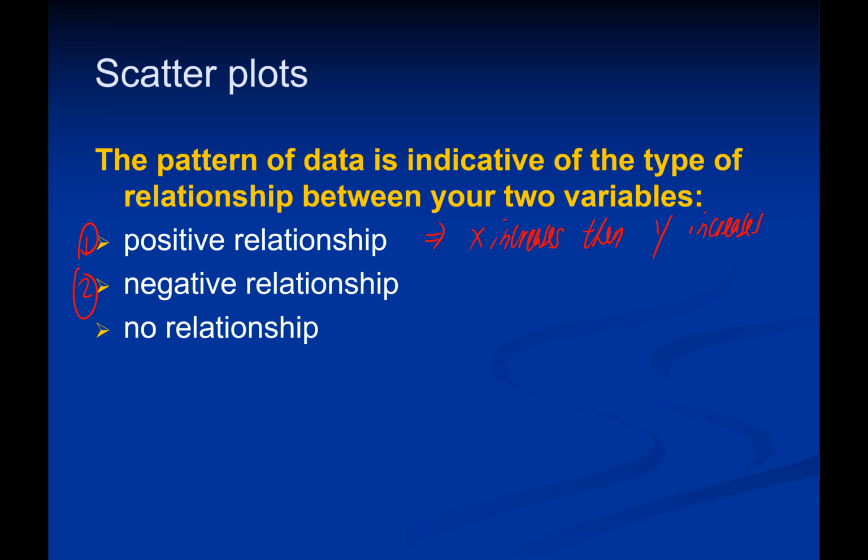The second type is a negative relationship: as x increases, y decreases. The third is a low or no relationship: no matter how x changes, y does not change correspondingly. It is a random relationship.